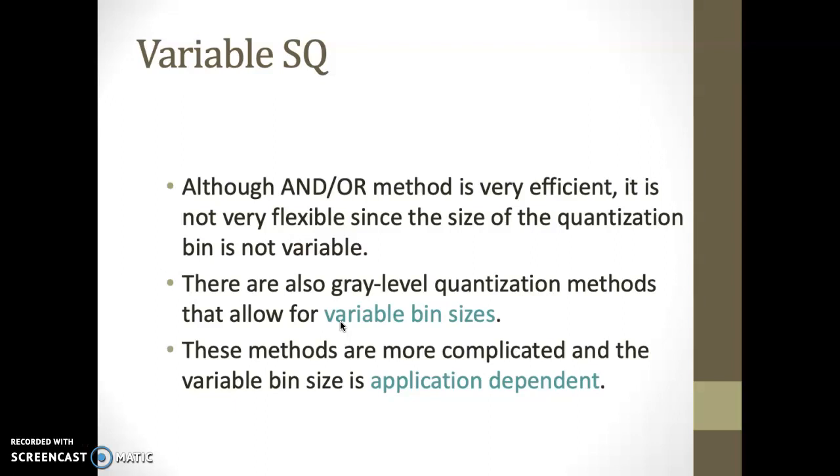Not uniform. When we divide the sub intervals uniformly, it will be 8-bit, 8-bit, 8-bit, 8-bit. But for the variable one, it can be 8-bit, and the next interval can be 3 bits. These methods are more complicated, and the variable bin size is application dependent, so it depends on the application itself.